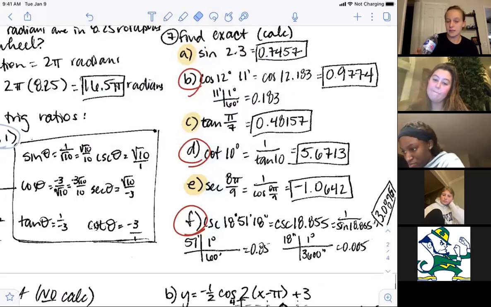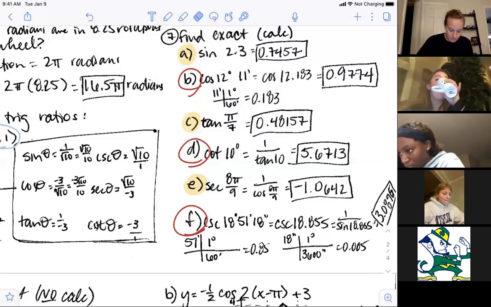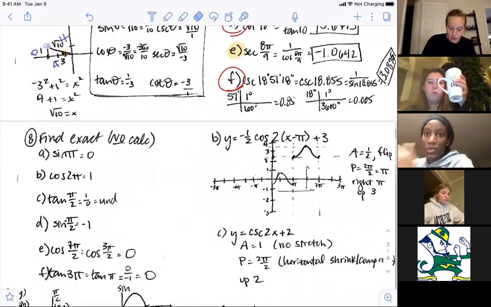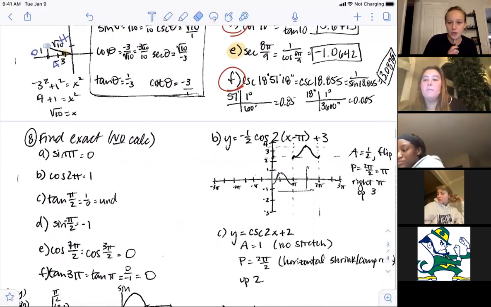Okay, any more questions on these and number 7? Okay. Let's see. So number 8, that's I think Laura, what you were asking about, can we use our unit circle?